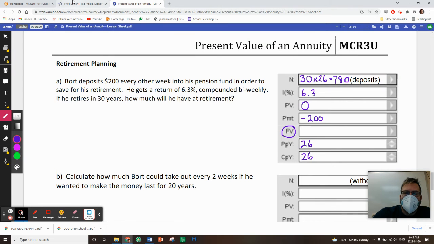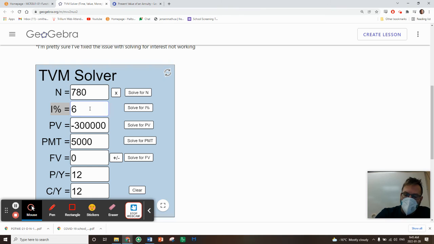What was the interest rate? 6.3. Starts with nothing. Deposits 200. And solve for FV.